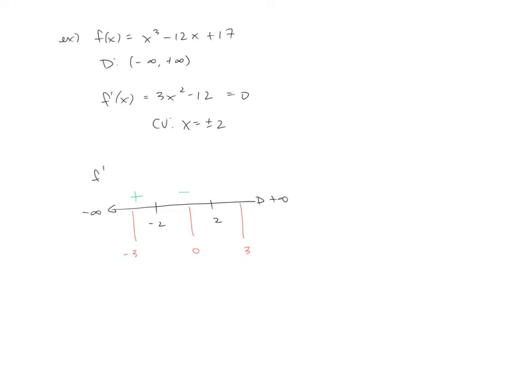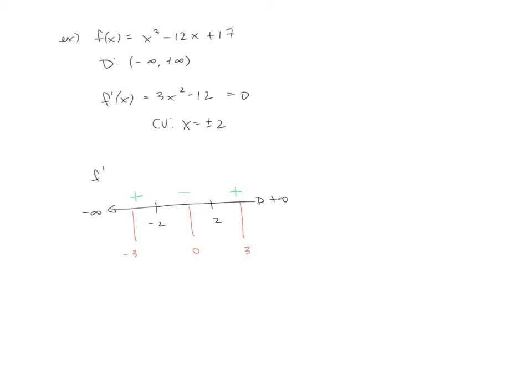And when I take that last number 3 and I plug it in here, that's going to give me a first derivative of a positive number. Okay? So again, I'm just taking these numbers and plugging them into the first derivative right here to see if what I'm coming up with is going to be a positive or negative slope. Things that have positive slopes mean we are increasing. Things that have negative slopes mean we are decreasing.